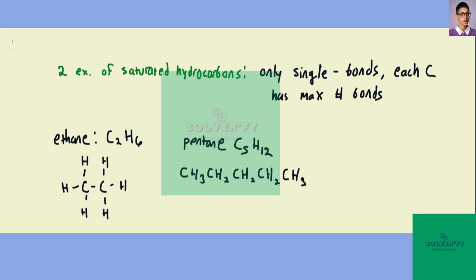And so what you'll notice in each of these molecules is that the carbon is bound to 4 atoms in every case. So in ethane, each carbon is bound to itself and then 3 other hydrogens. Similarly, in pentane, we have each carbon bound to the carbon next to it, as well as 2 to 3 hydrogens.